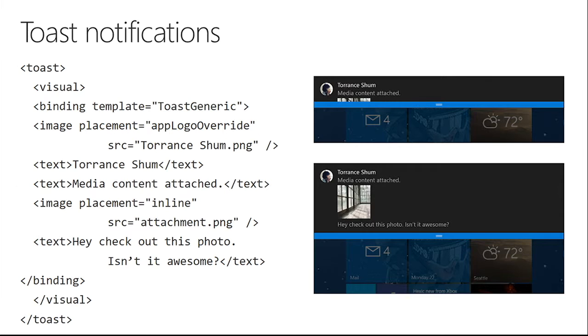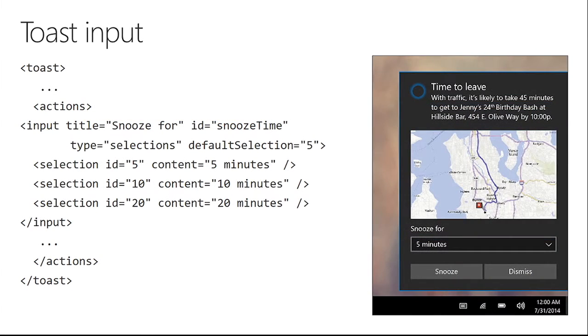So here we've got an example of a toast generic. This is the name, the template style for our new adaptive templates. And you can see how we've got some image content on there and a couple of options. This is one example of using a selection box. You can actually put input title equals snooze there.